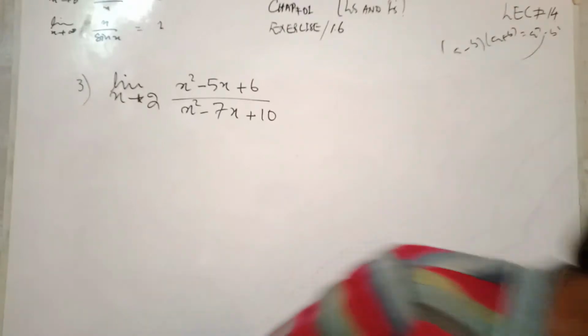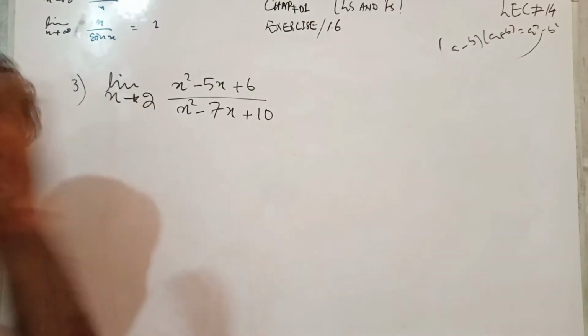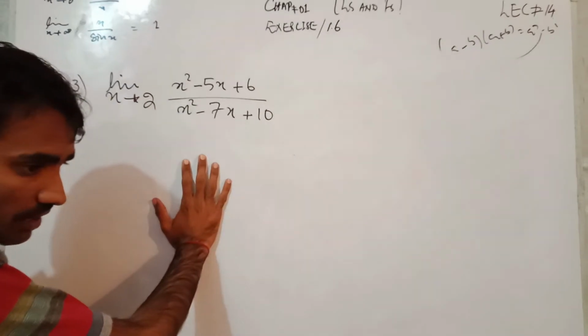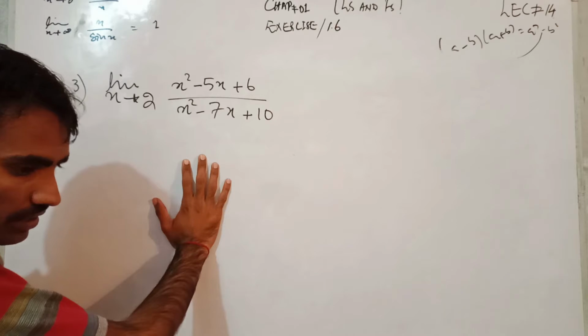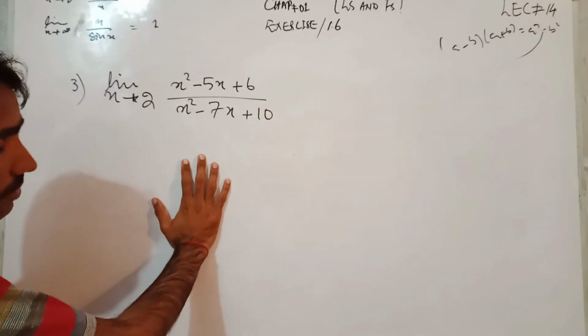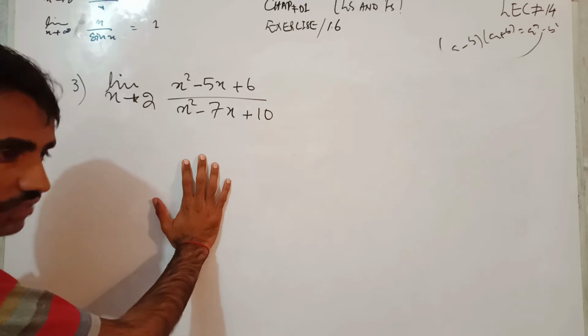Problem number 2. When you get this type of problem, we call it algebra. First we see the common of the x variable, y variable, or any variable.